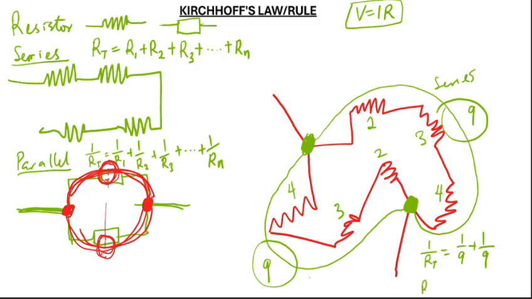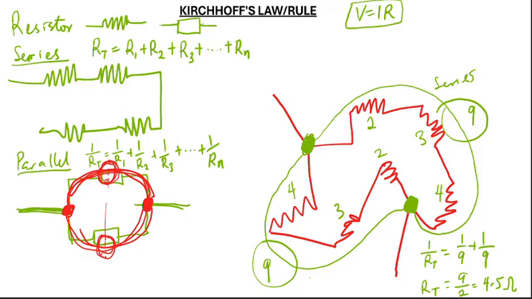By the time you calculate it, you will see that your total resistance is 9 over 2, which is 4.5. If you want to know more about this, you can let me know so that we can take many questions on parallel and series connection. But our major focus today is on Kirchhoff's law. Hope you understand parallel and series connection.